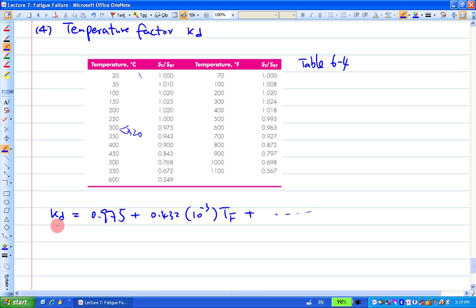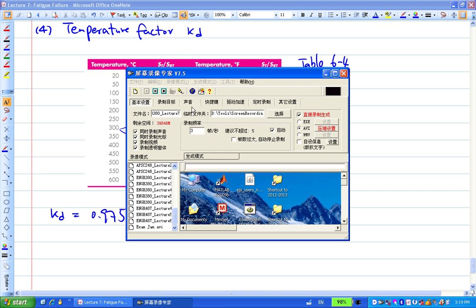You substitute it in and you get your KD. Any questions? All good? We'll do some exercises in the next lecture regarding each one of the factors.